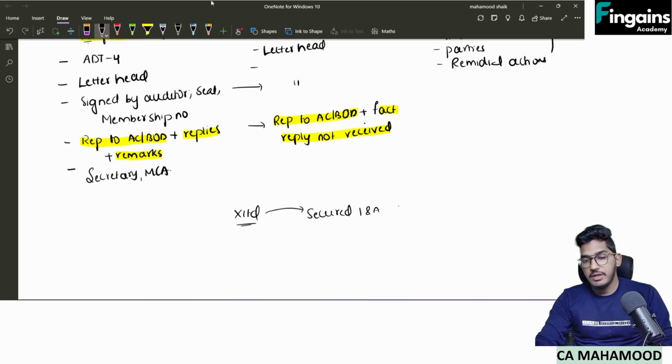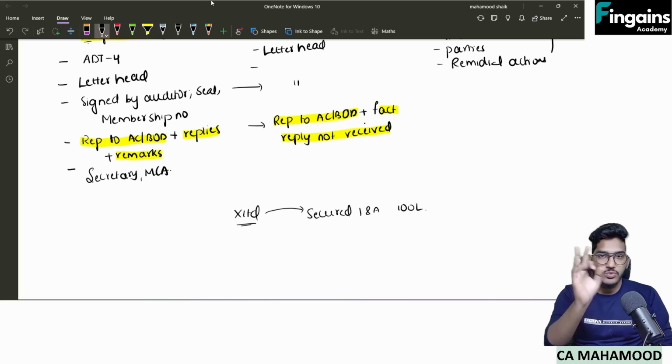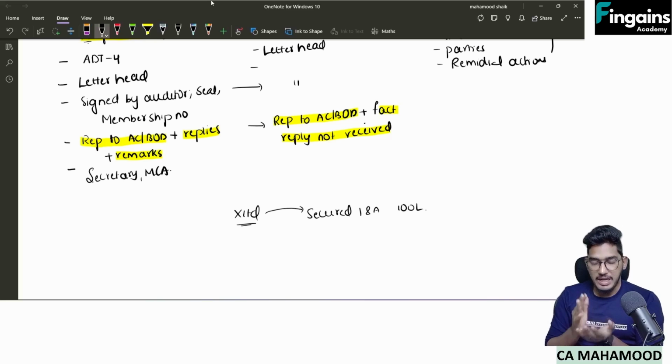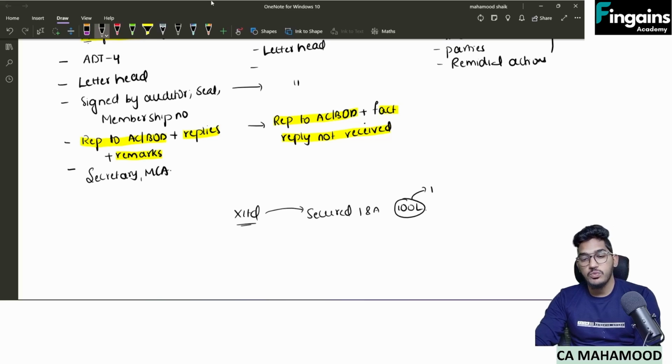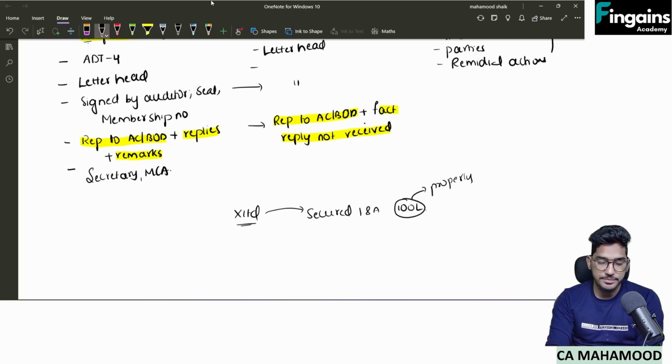Secured loans and advances of 100 lakh rupees they have given. That is what is visible in the financial statements, on the balance sheet. Now they are asking you to check whether these 100 lakhs of loans given under secured loans and advances are properly secured or not, whether they are correctly secured or not.